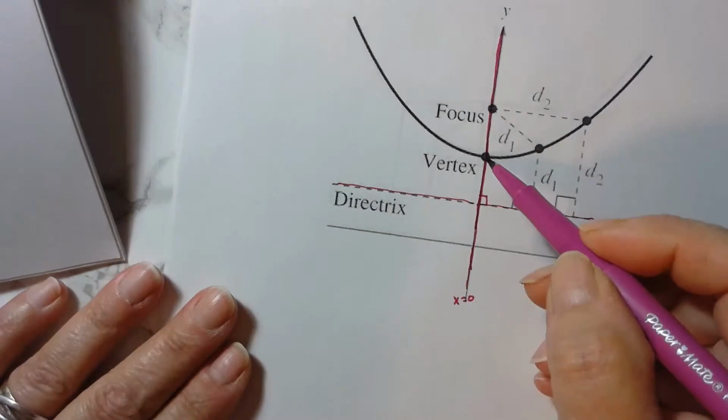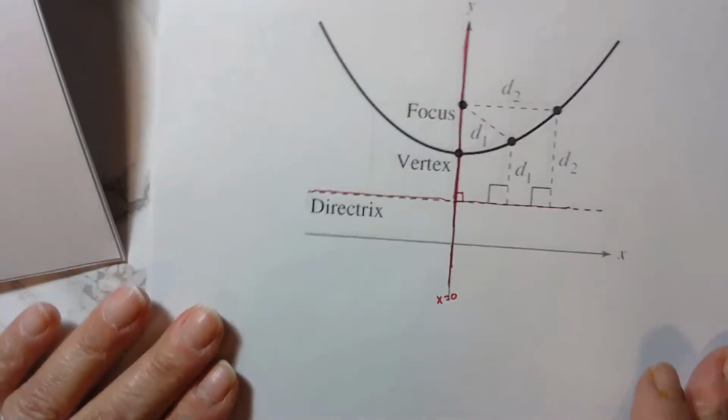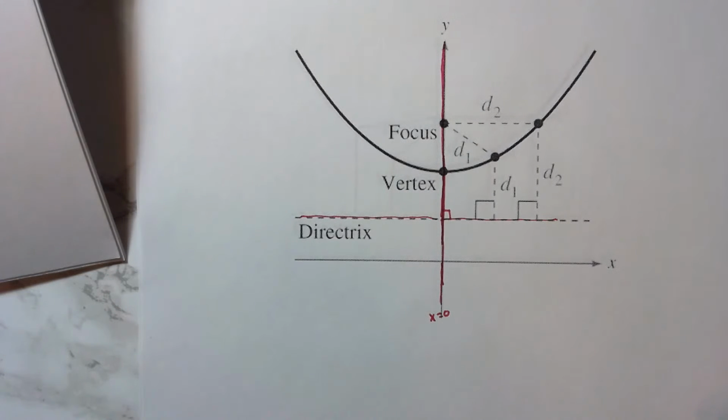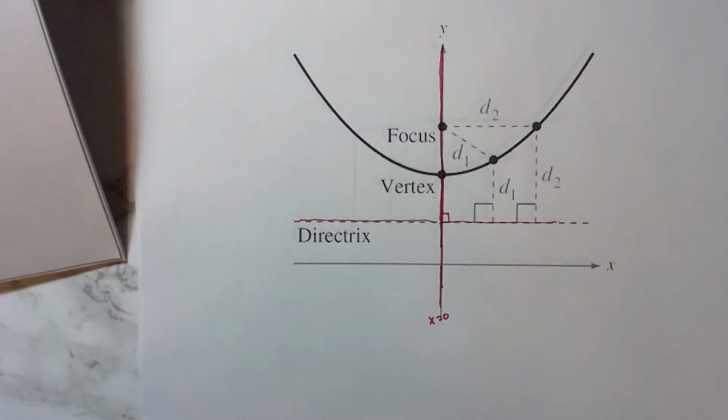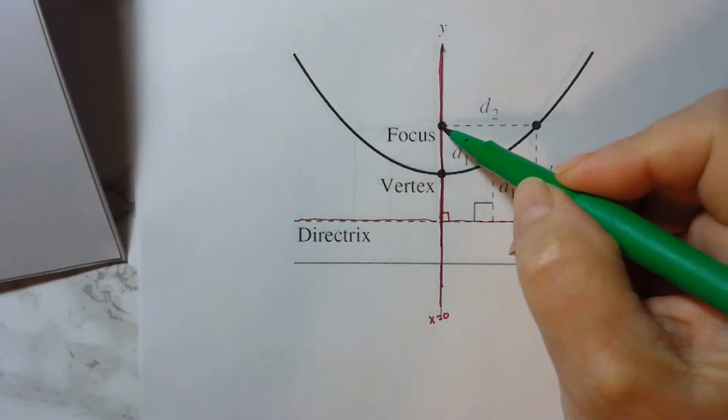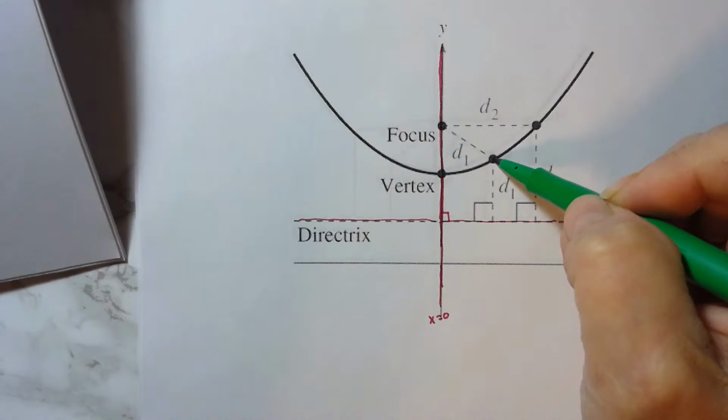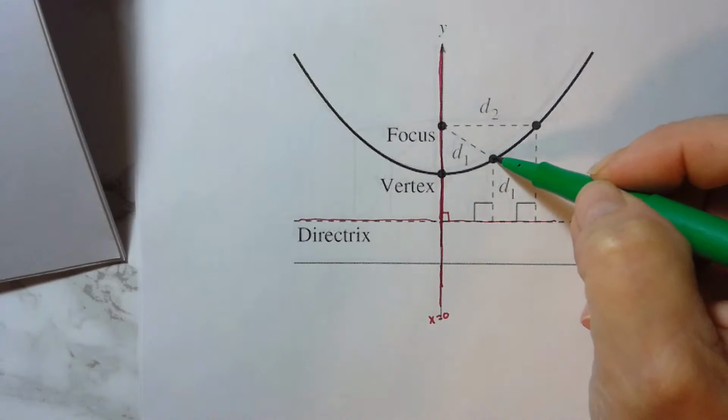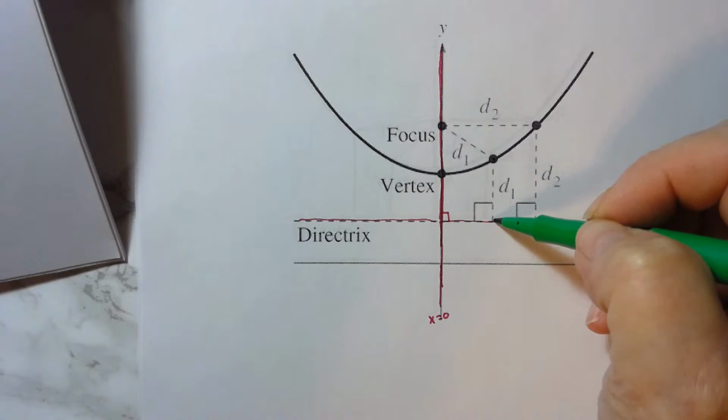So these two are always perpendicular to one another. Okay? And also you should know that the vertex is the midpoint between the focus and the directrix. So a minute ago, I said that the distance from the focus to this xy coordinate, to this point, is the same as the distance from the point to the directrix.